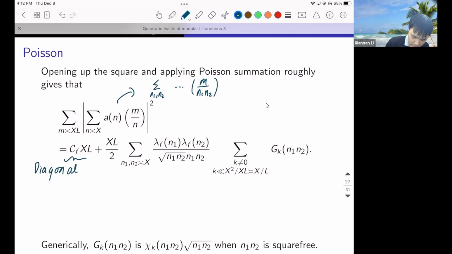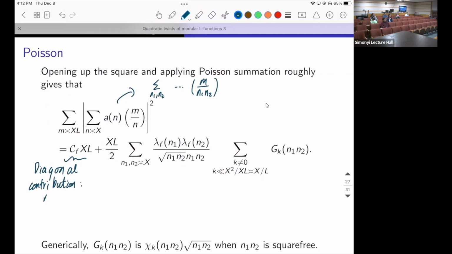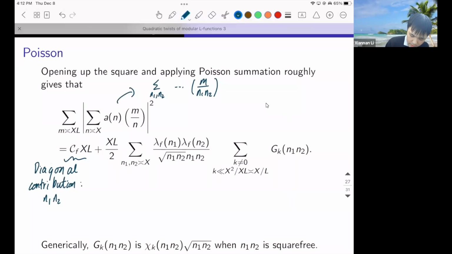This is the diagonal contribution, which simply comes from n1 n2 being a square. You can believe that this is large. This will give you a large term just because the quadratic character will tend to be trivial when n1 n2 is a square.